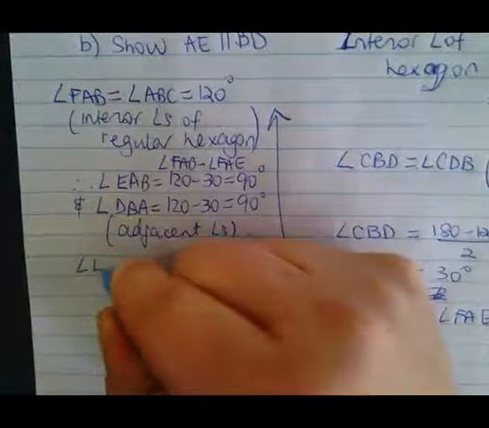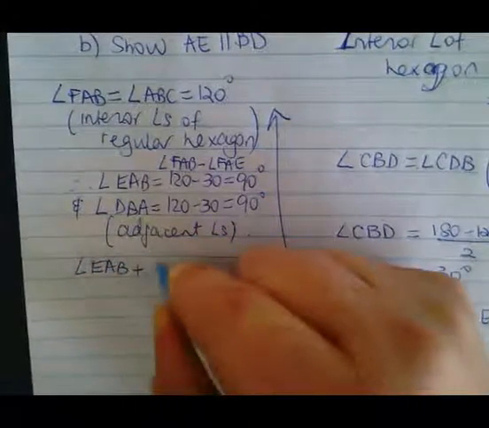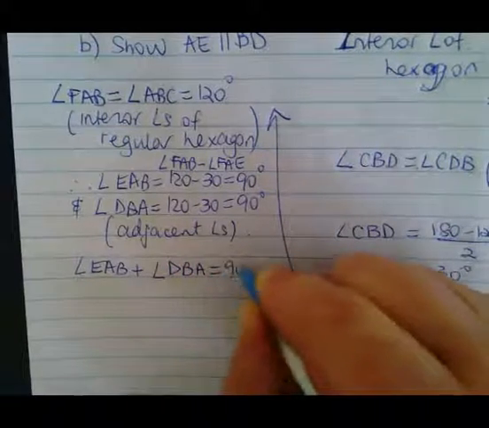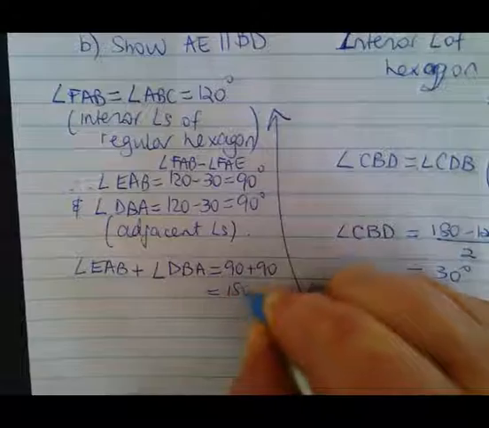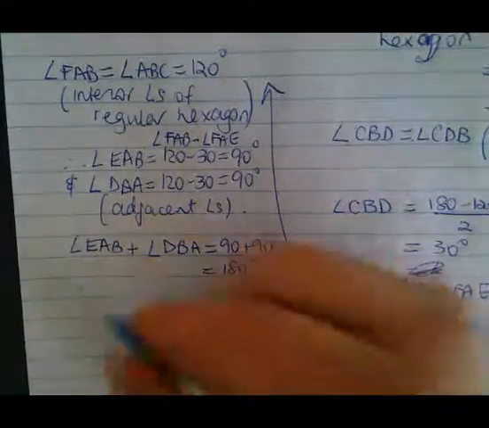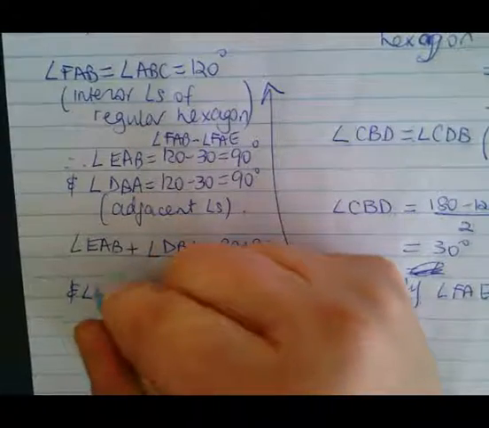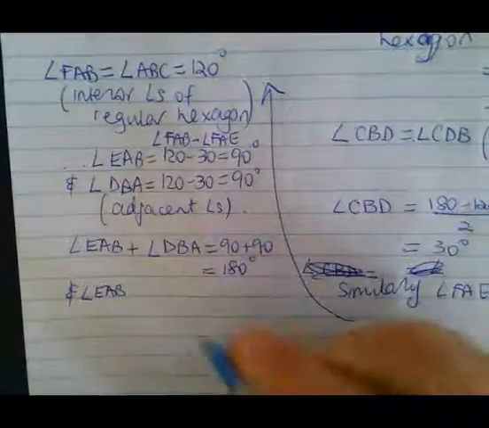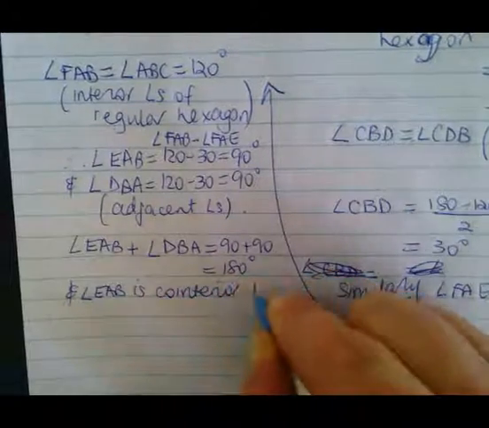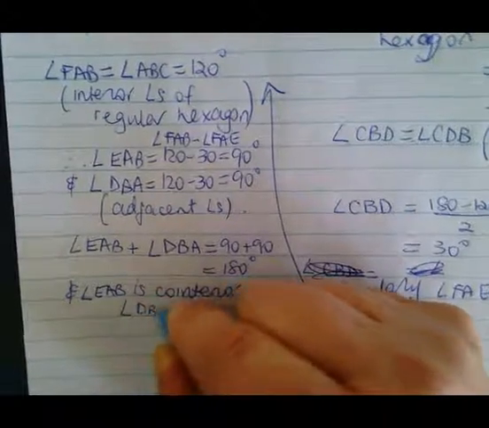So angle EAB plus angle DBA is equal to 90 plus 90, which is 180. And angle EAB is co-interior to angle DBA.